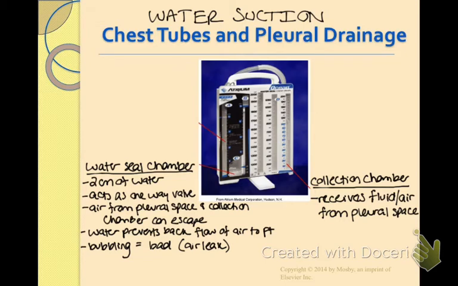When you first put in a chest tube, when they are putting it in because there's a giant pneumothorax, you're going to see a bunch of bubbling because there's going to be a bunch of air that's being released when you first insert it. But once the initial air has been released, there should be no bubbling in this water seal chamber. If there's bubbling in this water seal chamber, then we know that there's some kind of air leak.